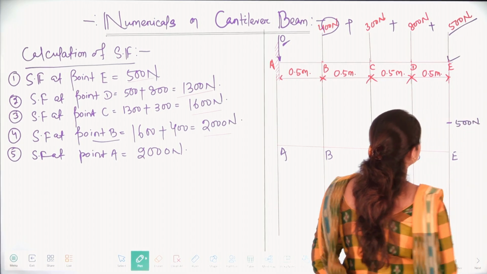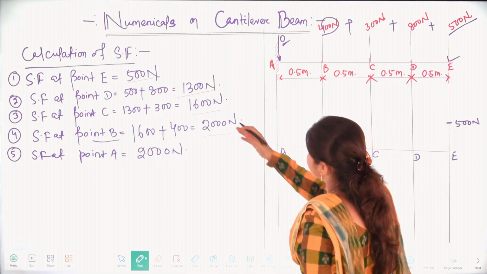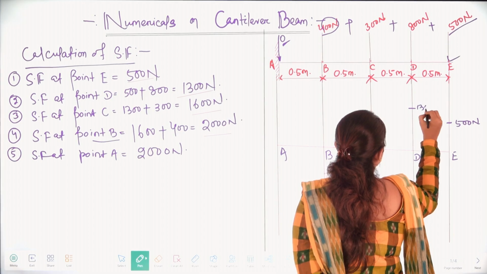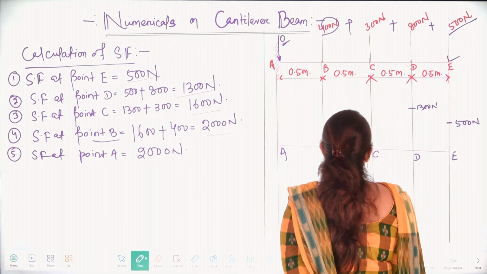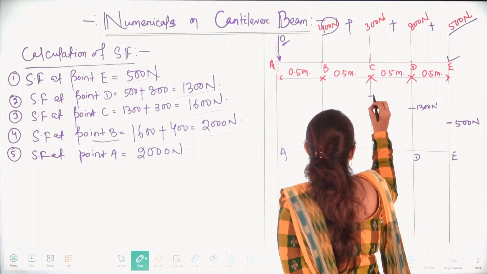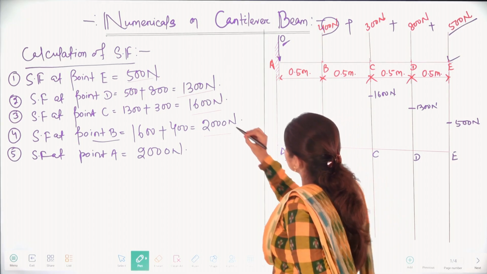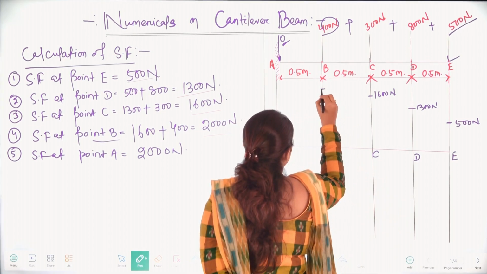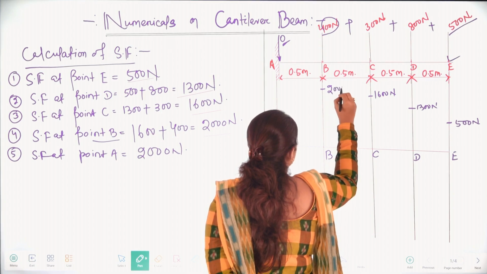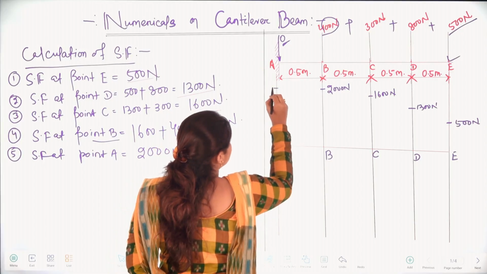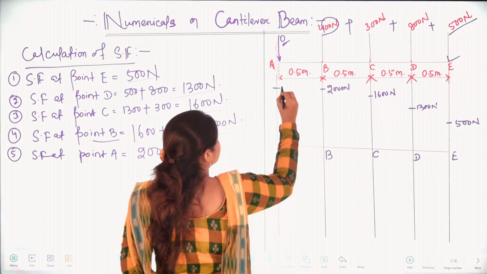Okay. Now next is your 1300. Make it here. Right. Next is your 1600. Next 2000 Newton at point B. And you can see at point A and B we are having the same values.